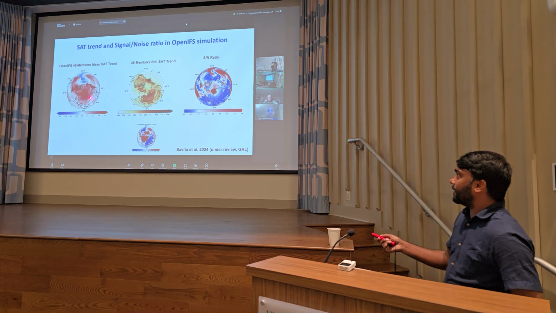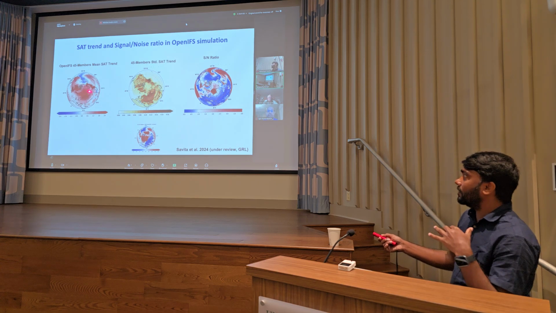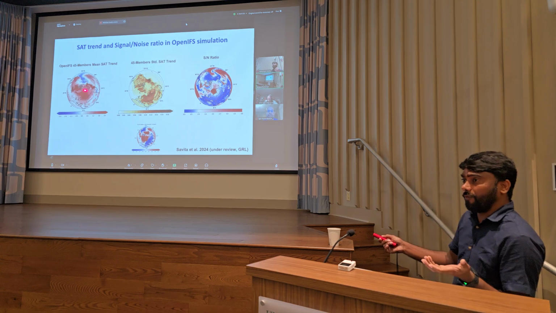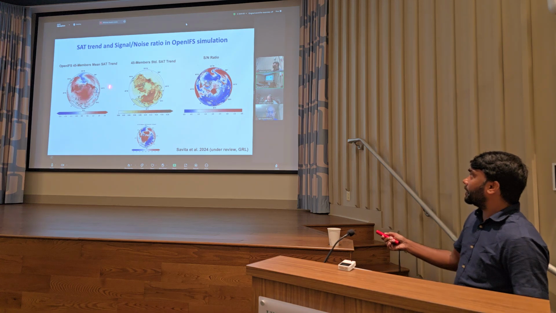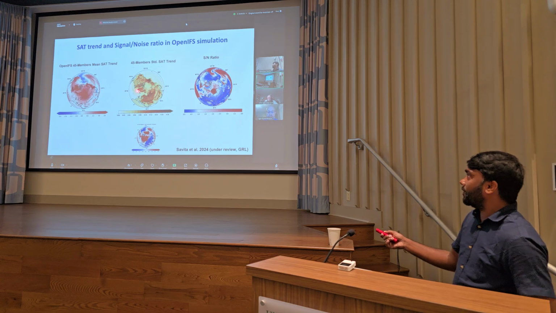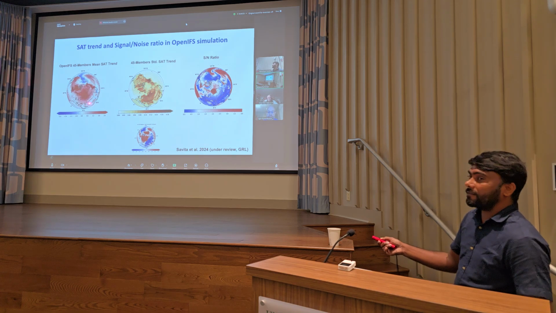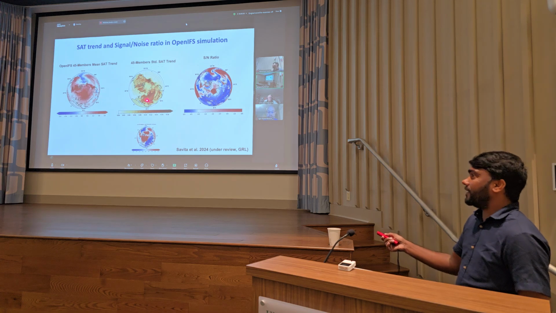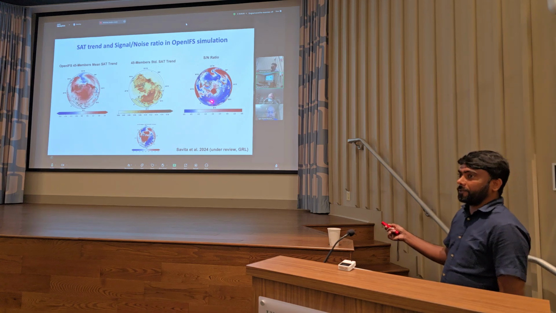To understand further, it means that in this box the cooling we were seeing before is mostly unforced. To confirm this, I also computed the standard deviation across the 45 members. This is also known in our community as noise. When you take the ratio of the mean, which is the signal, and the standard deviation, which is the noise, we get the signal to noise ratio.